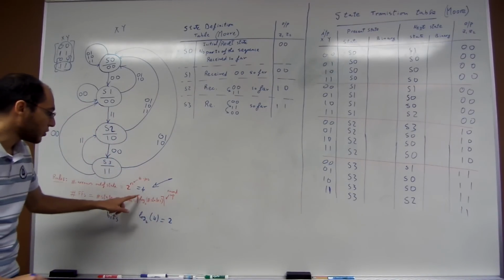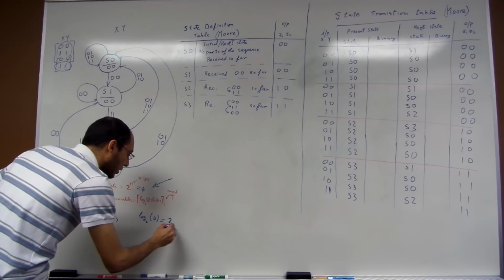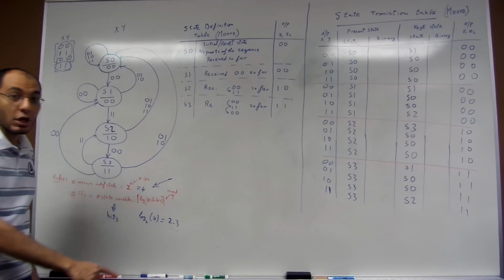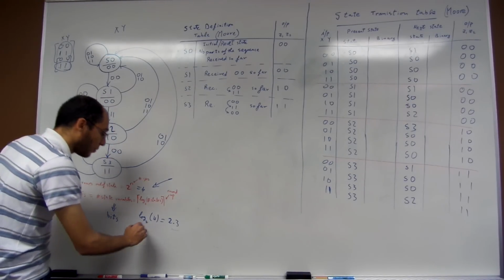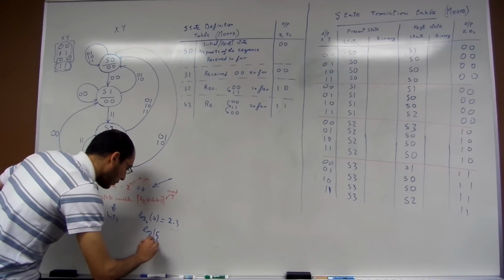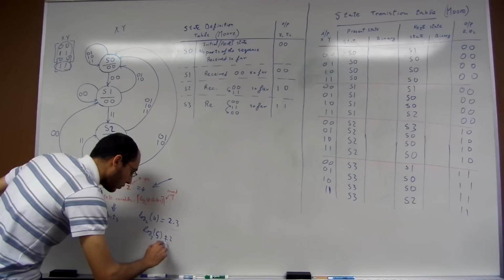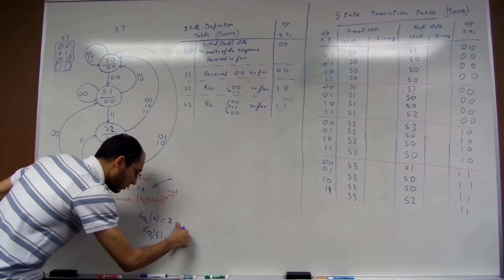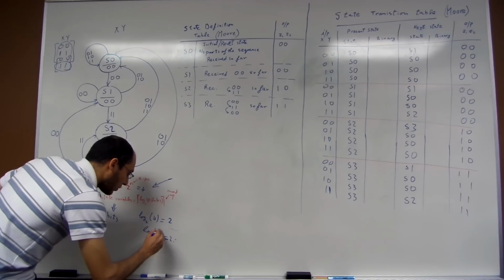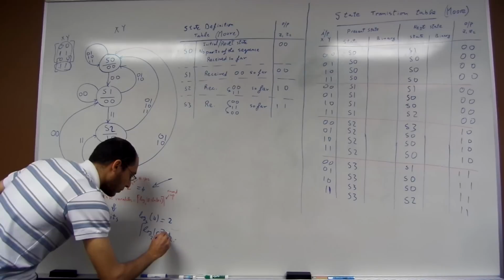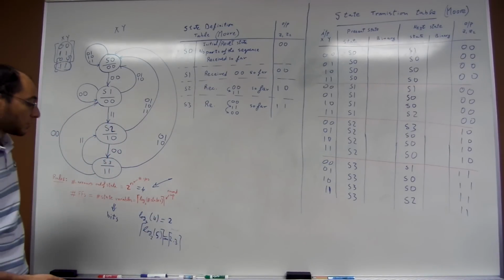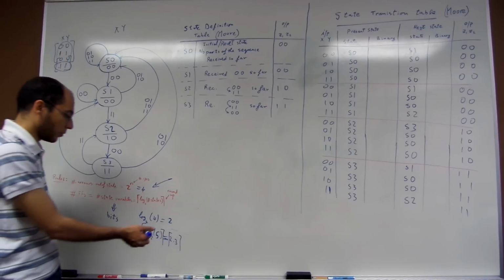And what am I doing here? Let's assume that in another example you might have log to the base 2 of the number 5. In that case, log to the base 2 of 5 is not equal to 2. It is equal to 2 point something, say 2.3 or a little bit less.